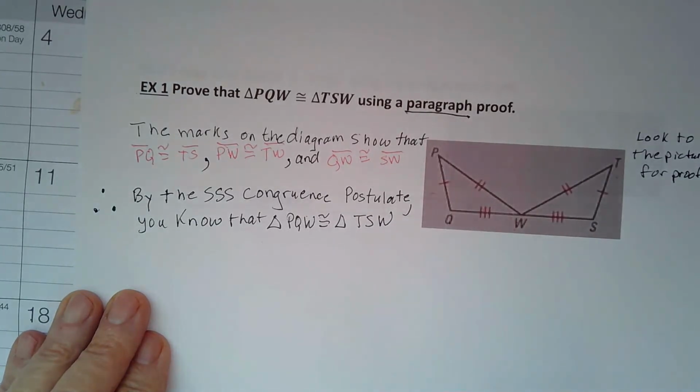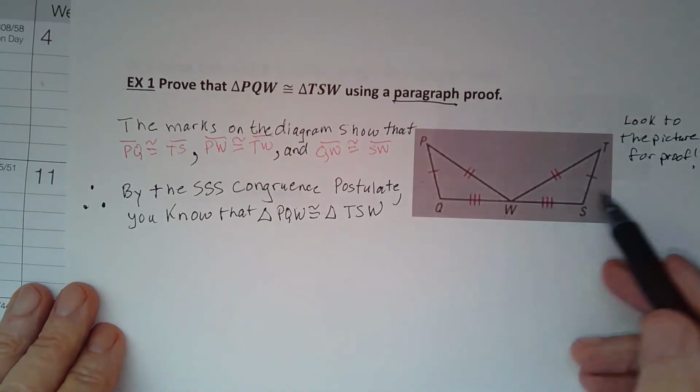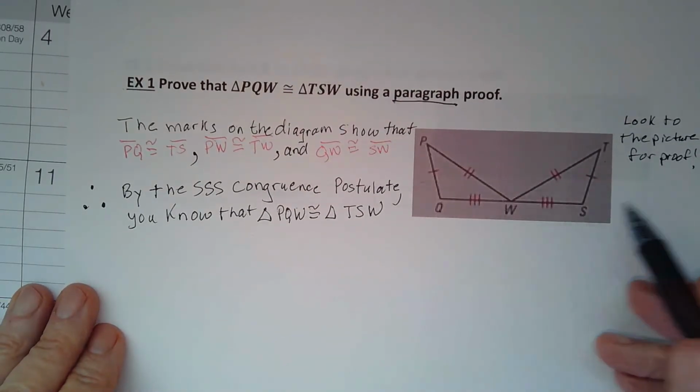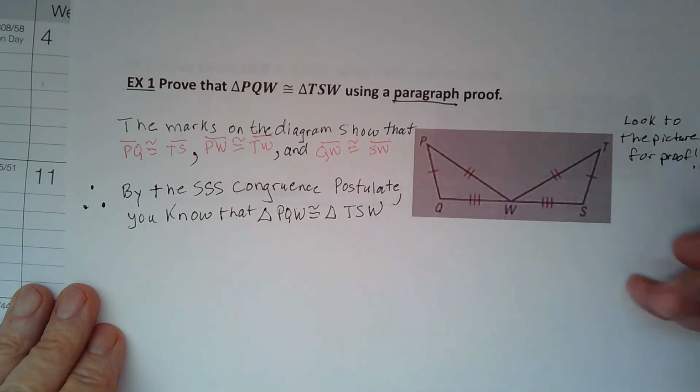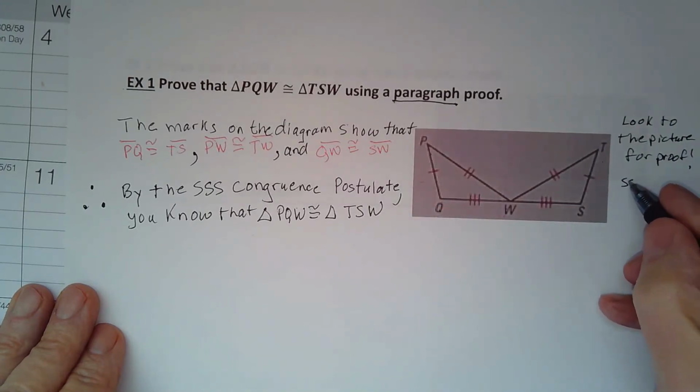And that's it. Why? Because we said side. If you look at this, obviously this is side congruence.